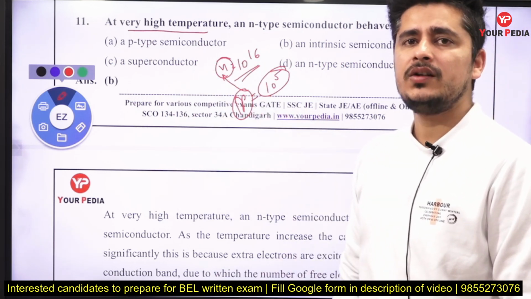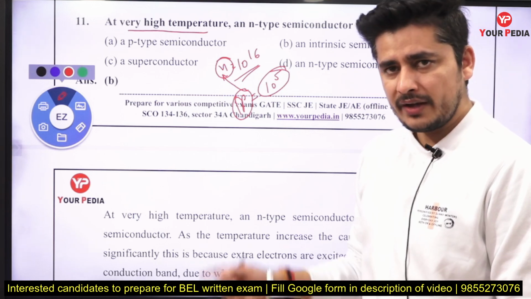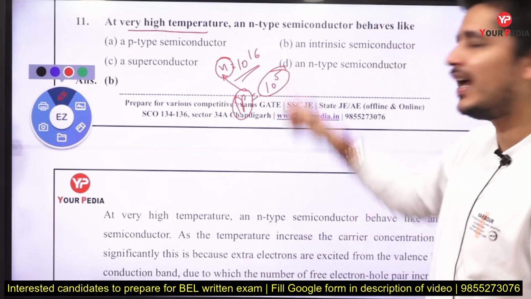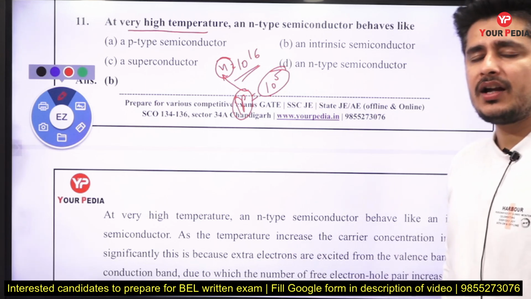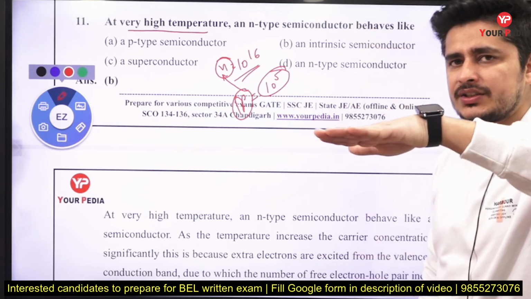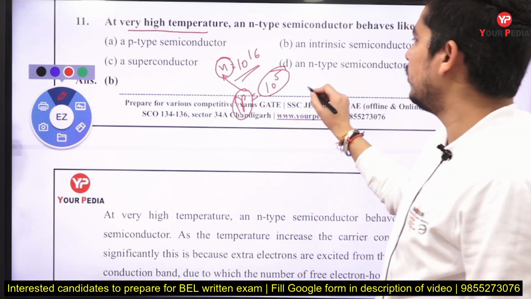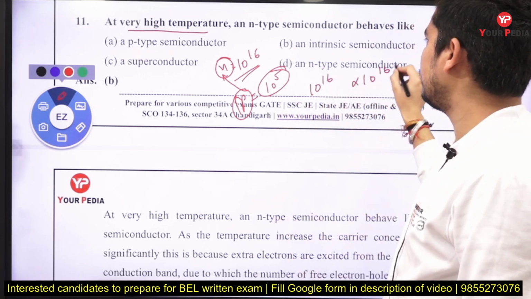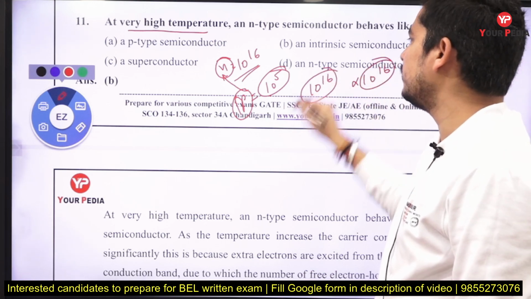So what we are seeing, currently you have an extrinsic semiconductor, an n-type semiconductor, but at very high temperature a sufficient amount of holes are generated. Let us take holes generated 10 raised to power 16 and electrons also generated 10 raised to power 16, because when you increase the temperature, electron and hole pairs are generated in equal amount.